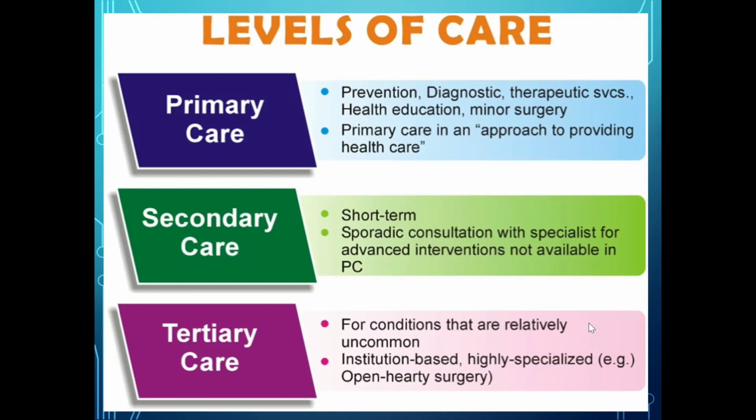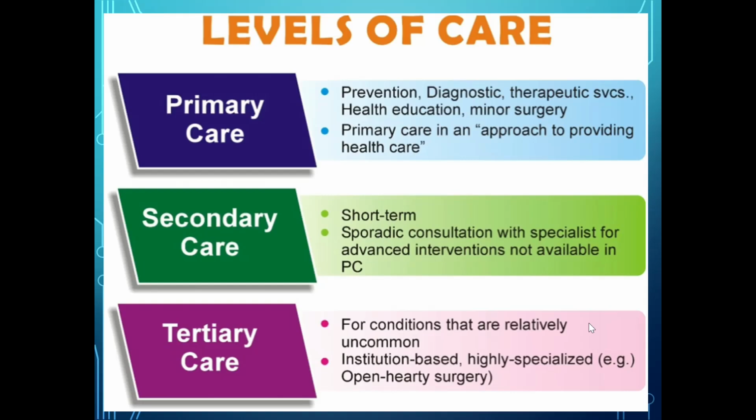Then comes the secondary level, that is the secondary healthcare system. It is usually for problems a little higher than the primary level. The problems are a little more serious, short term in nature, and sporadic consultation with a specialist is required on and off.